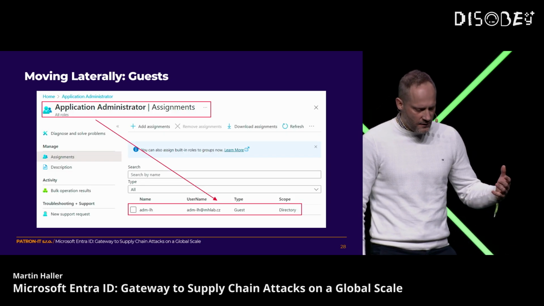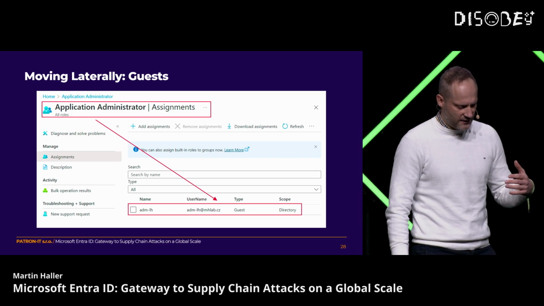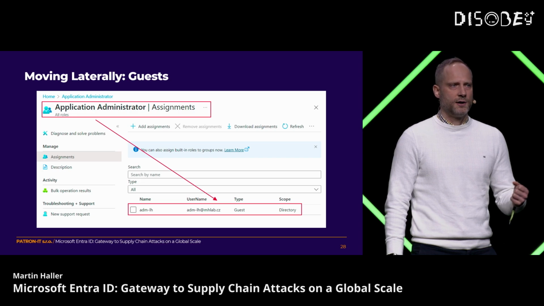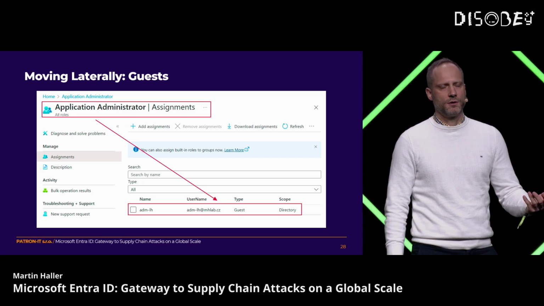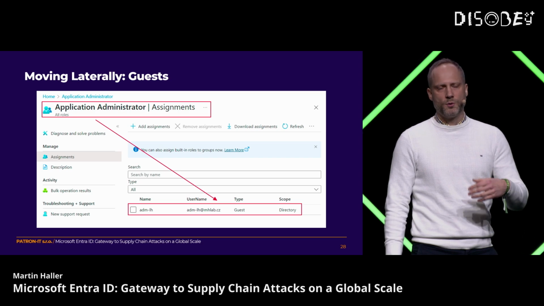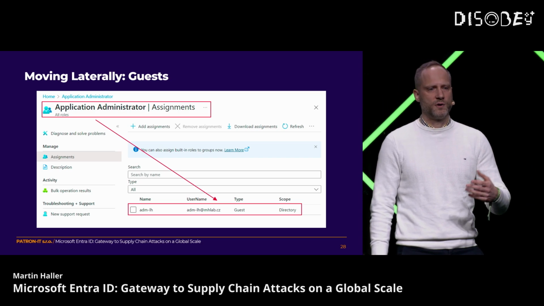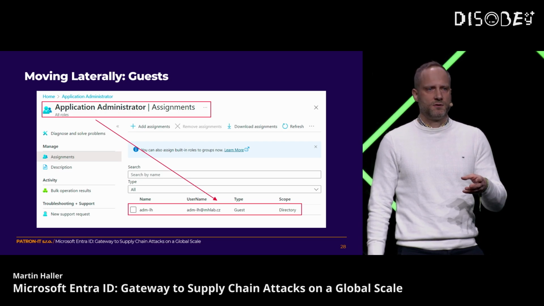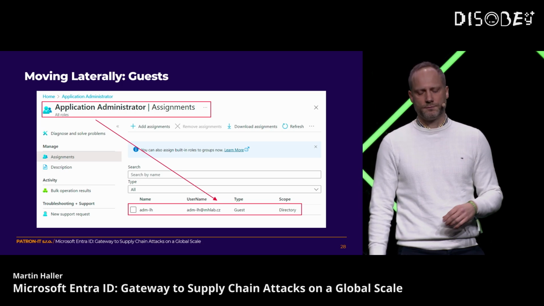But what's adding up to these external guest accounts is that many times they are privileged in the target tenant, because you hire an externist to help you set up some configuration or some functionality, or to help you manage something. So they have privileges. They are not just regular guest accounts without any permissions. Or maybe some admins need to manage multiple tenants, so they are global admins in multiple tenants with just one account.